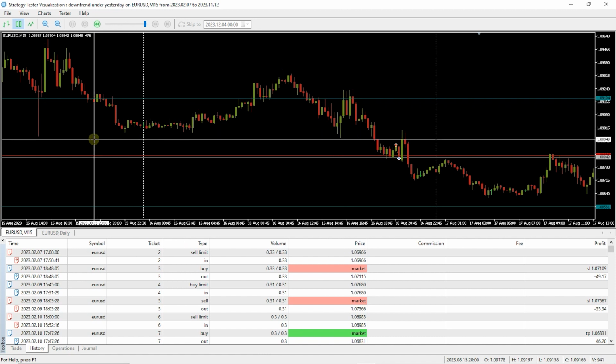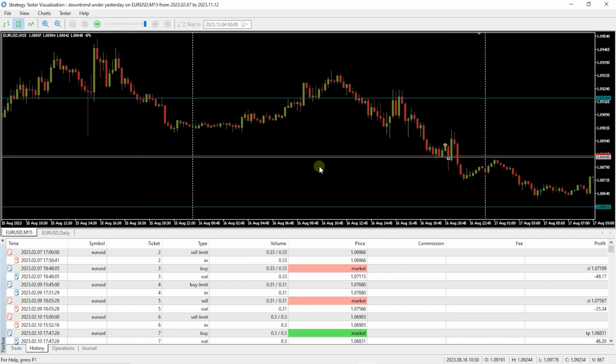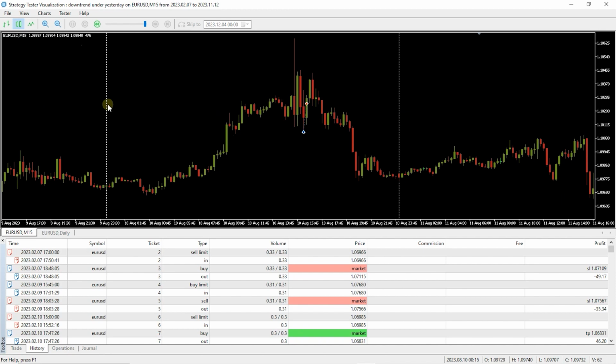So here we had the lowest price of yesterday, and we had a low below it and a high and a lower point, and it opened sell here and closed here. Here again we had a lowest price, high, low and lower, and sell opened here.